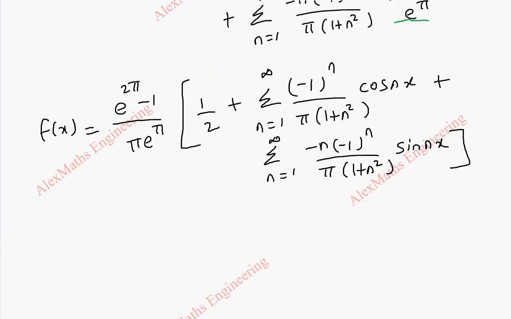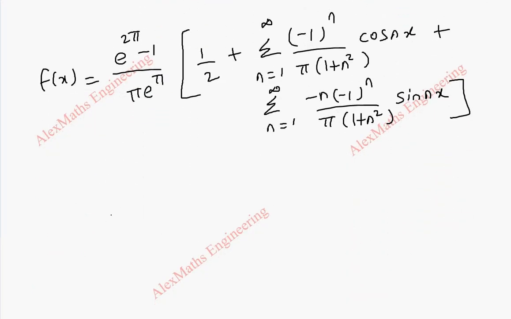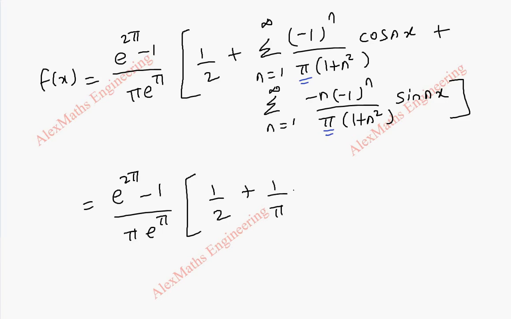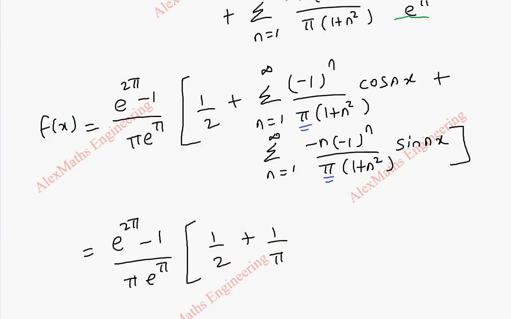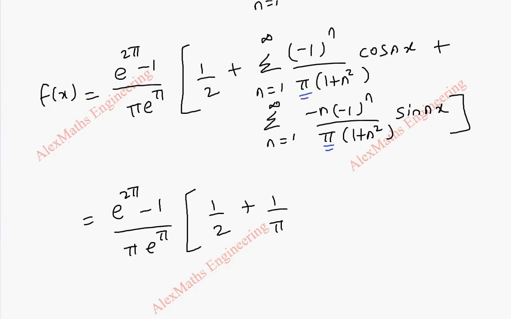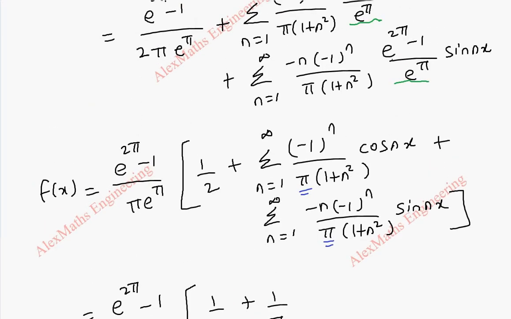Then after this, we can also combine the last two terms, taking this 1 by 2 as it is. Then we can take this 1 by pi outside the summation in both. So I keep 1 by pi outside.